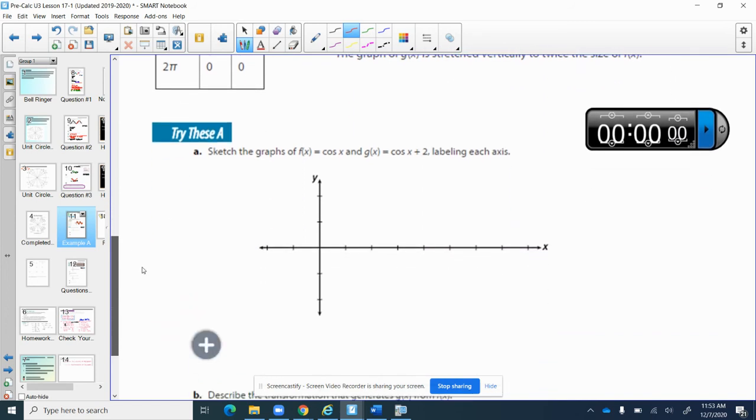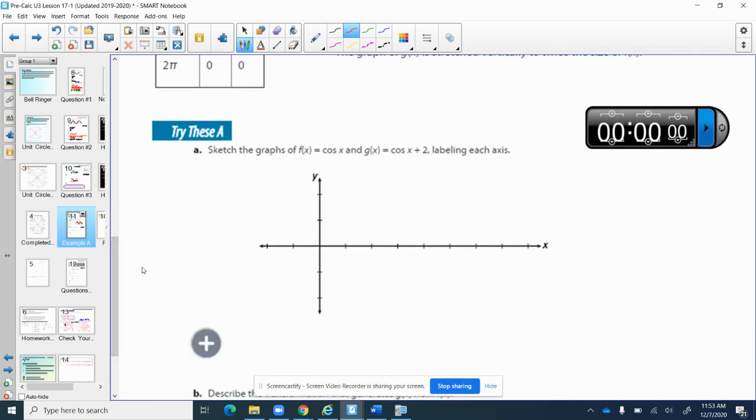Now we also have some other graphs we want to look at. If we have cosine of x as our normal parent function, we know that normally it would look like so, starting at 1, going down and back up, right? Here's our parent function, and that process would just keep repeating as we moved on to 4 pi as well. Well, if we are adding 2 to our cosine graph, we are shifting our graph up, right?